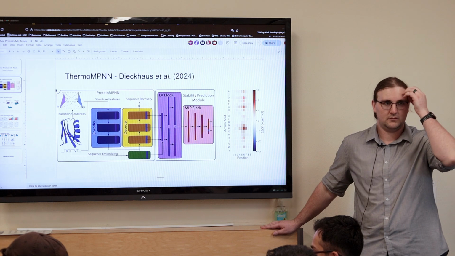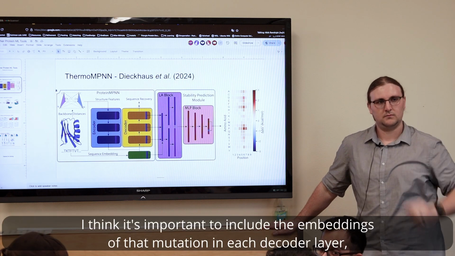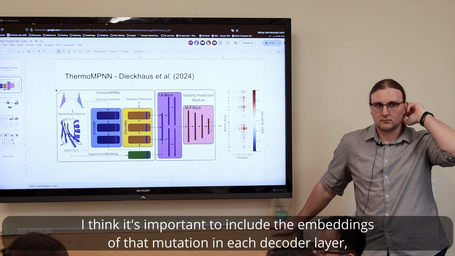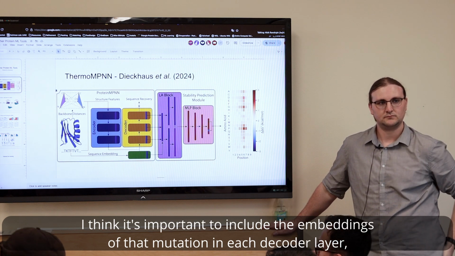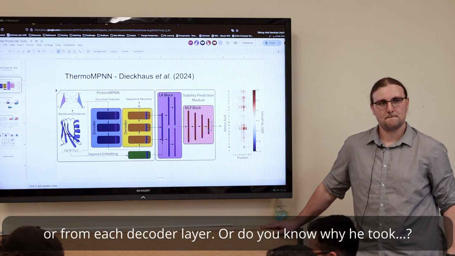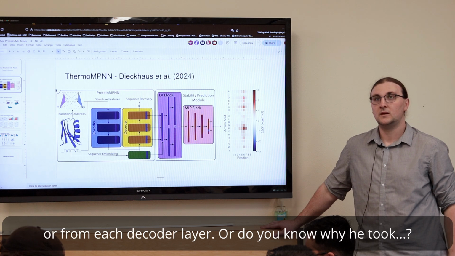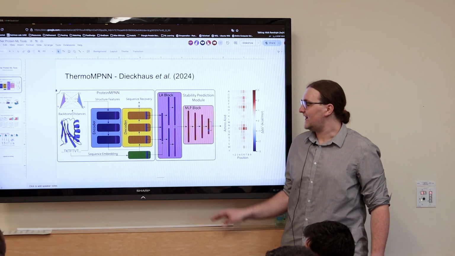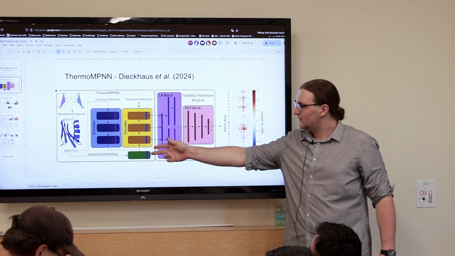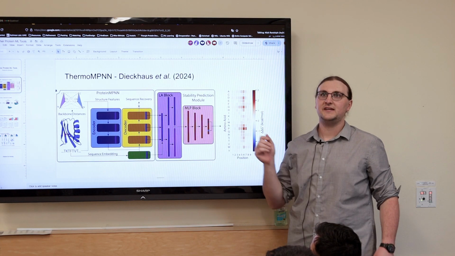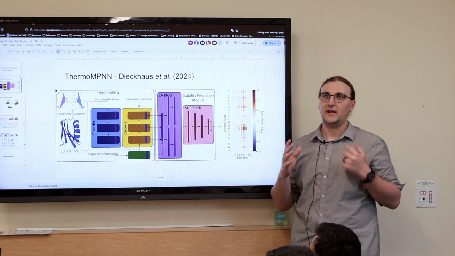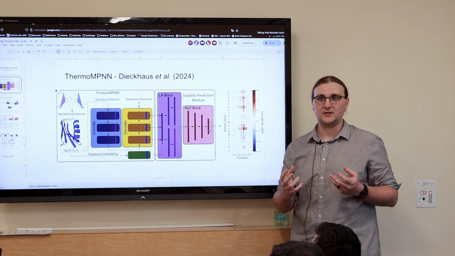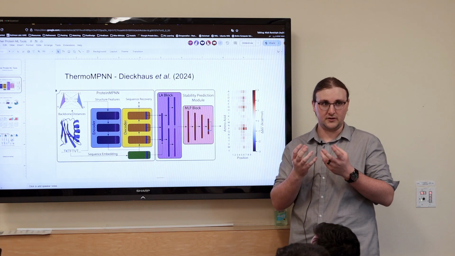Yeah, Ben. Do you think it's important to include the embeddings of that mutation in each decoder layer, or do you know why he took that approach? So yeah, these are really taking into account the native structure of that protein. So it's learning from what the native sequence is, as well as the structural information of that protein.